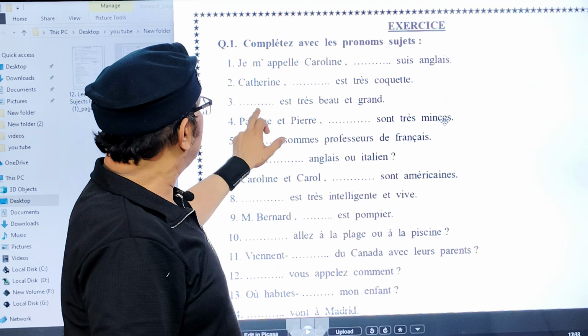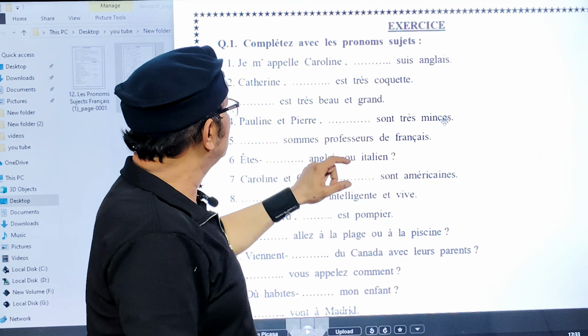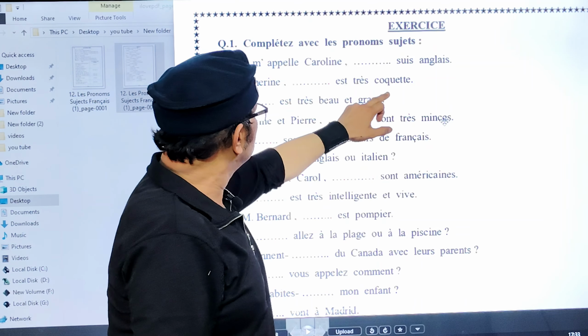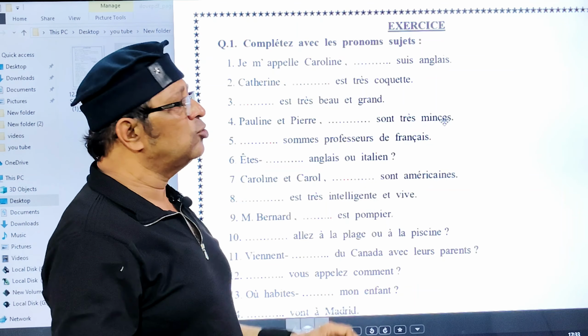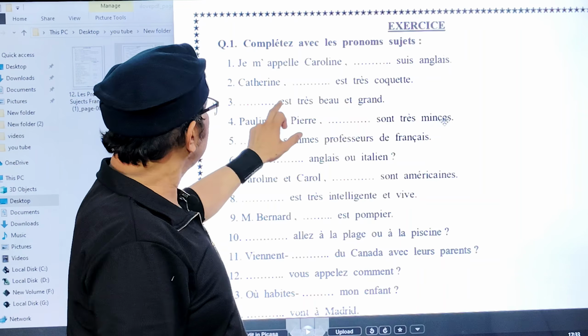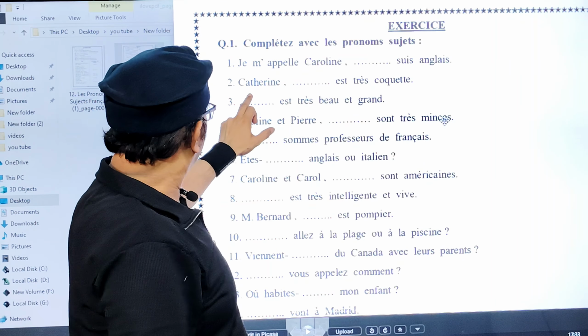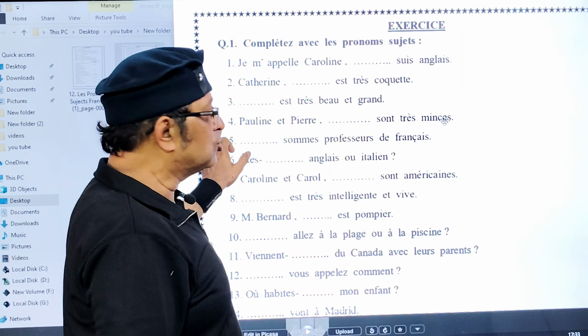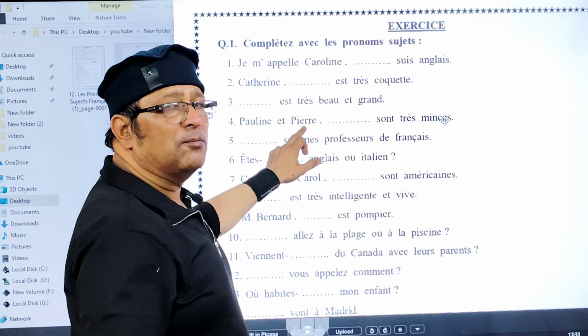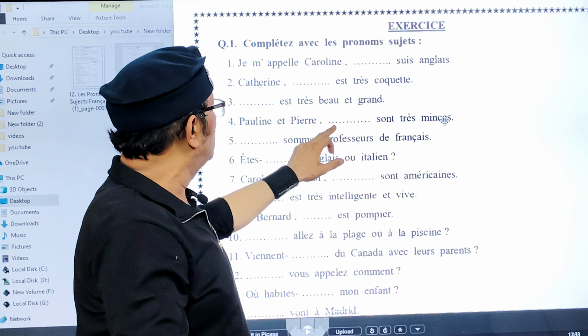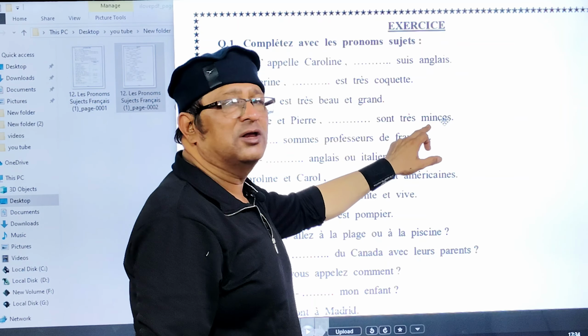Numéro 3, dash est très beau et grand. Here you can see these words are masculine words. So we are talking about masculine singular. He is very handsome and tall. So il. Numéro 4, Pauline et Pierre, dash are very thin.